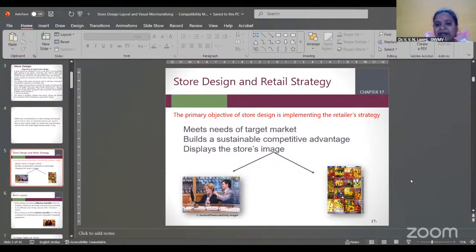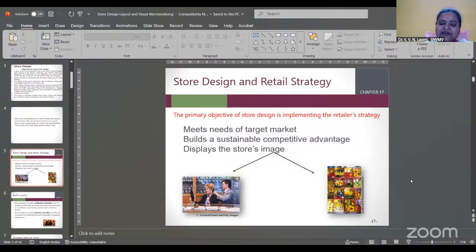The store design looks at how the store is from the inside and from the outside, that is, how the interiors and exteriors of the store are.